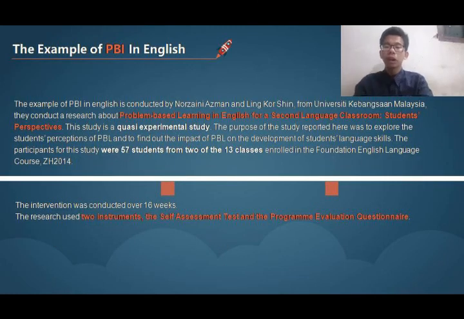The example of PBI in English is conducted by Nurzaini Azman and Lin Kor Shin from Universiti Kebangsaan Malaysia. They conducted research about problem-based learning in English for a second language classroom: students' perspective. The study is a quasi-experimental study.